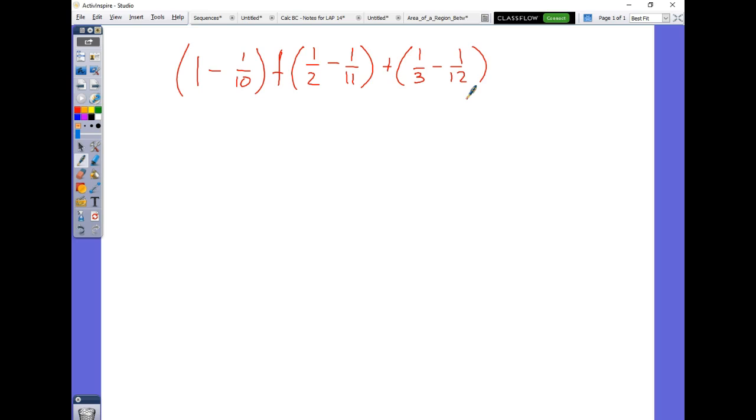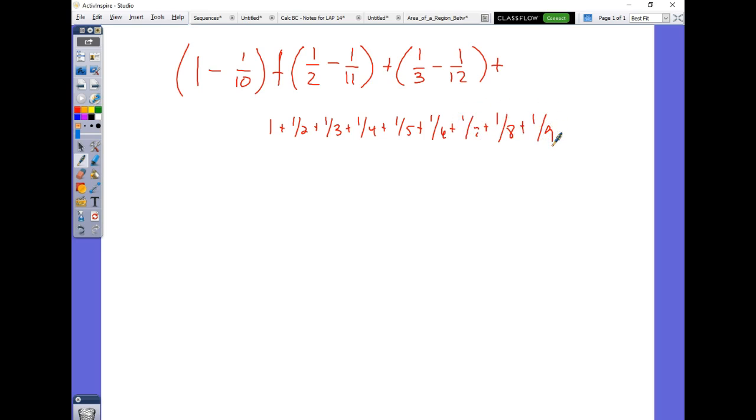So as I can start seeing as this goes through, what's going to happen eventually? Eventually my numerator is going to equal 1/10, and that 1/10 will cancel out from right here. So I wind up with 1 plus 1/2 plus 1/3, and eventually the only thing left is that we're going to get 1 plus 1/2 plus 1/3 plus 1/4 plus 1/5 plus 1/6 plus 1/7 plus 1/8 plus 1/9.